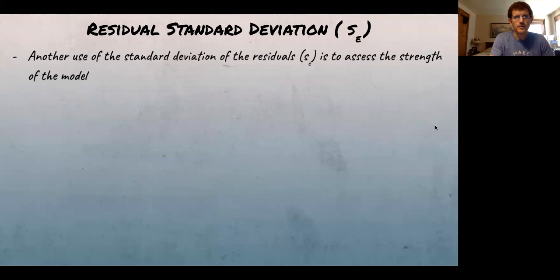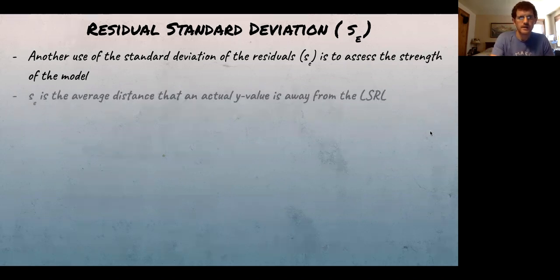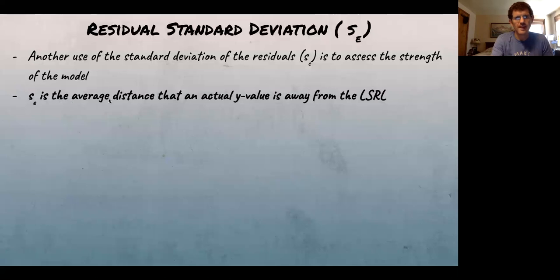Okay, so one of the uses of the standard deviation of the residuals is to assess the strength of the model. Okay, and this, to start off with, the standard deviation of the residuals is the average distance that an actual y value is away from the regression line. So if you have a bunch of residuals, here's a residual plot.